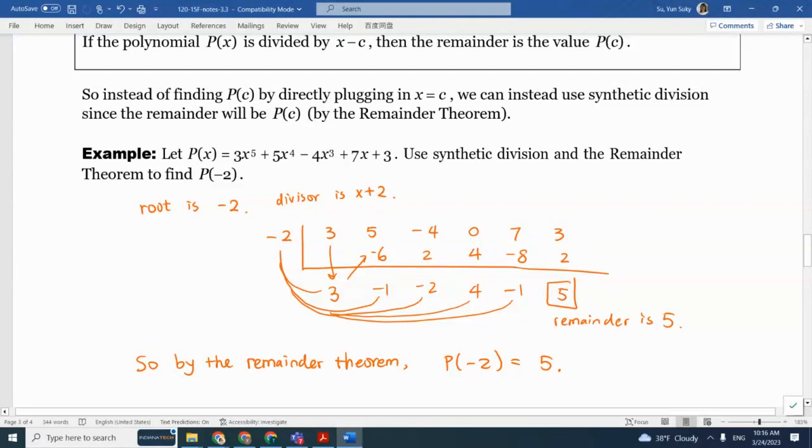Any questions about this example? See, the calculation in this case is simple. Otherwise you plug in all the powers. Think about it, if you plug in 2 to the 5th, 32, and it's -32, and then you multiply by 3, so it's positive. In this case, this is easier.